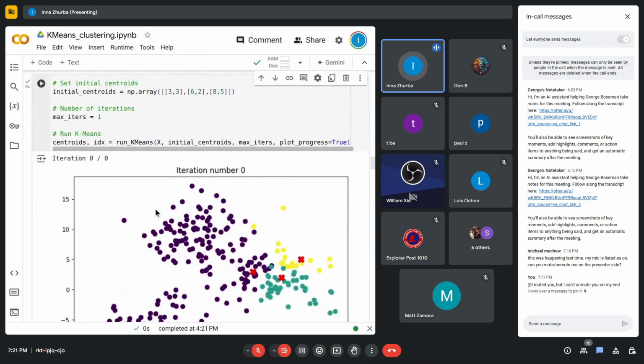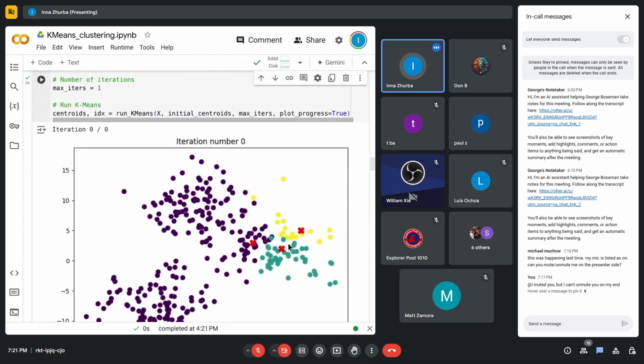This algorithm really is dependent on how close the initial points are, and it will always converge, as I said, but it doesn't guarantee that it will always converge correctly unless you run it multiple times, assessing the cost, right?